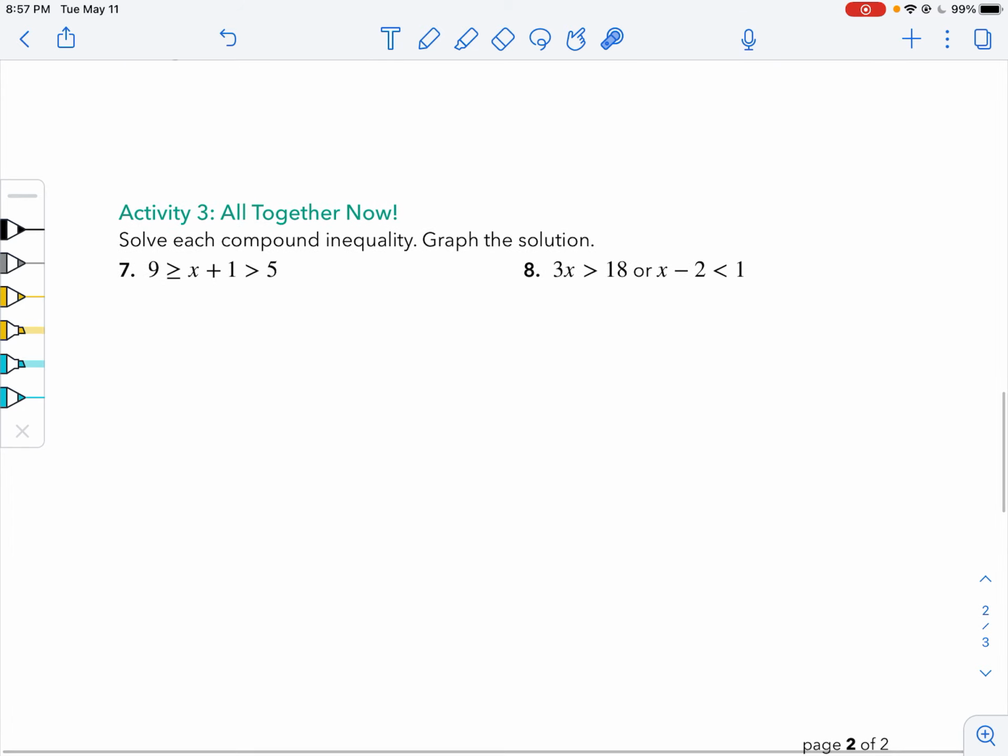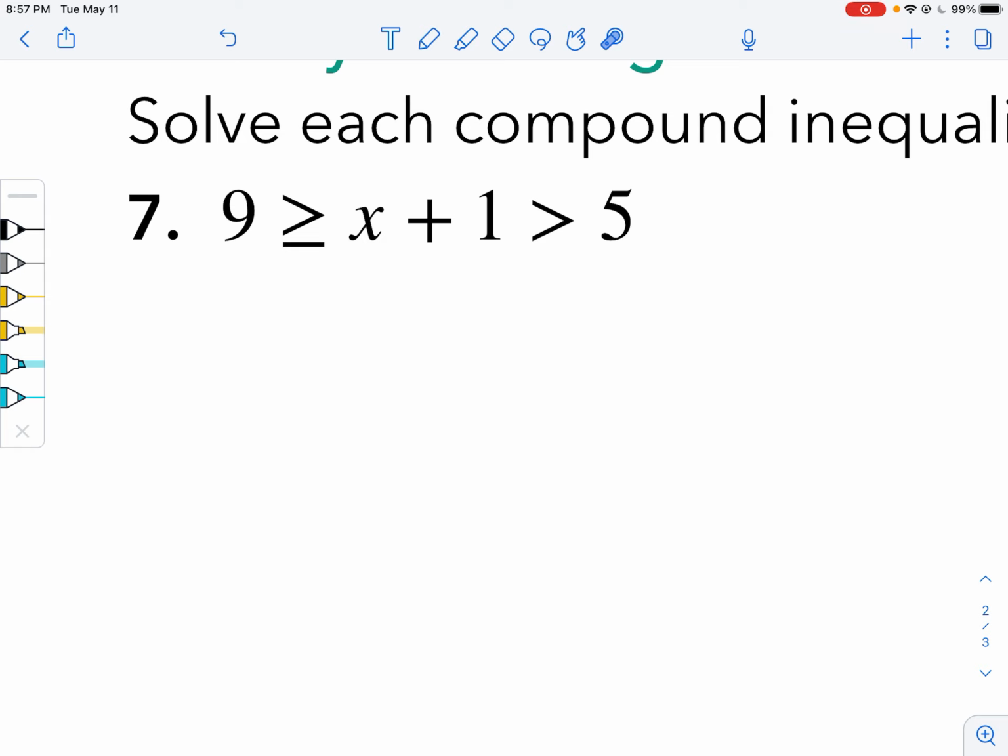Sweet. Okay, so now we've got one more. We need to figure out the solution first. Now, how do we find the solution of a compound inequality? Well, we need to split it up. We need to treat each side like its own little inequality. So when we're trying to get x all by itself right here, we're going to undo this plus 1 by subtracting 1, but we need to subtract 1 on every single little section.